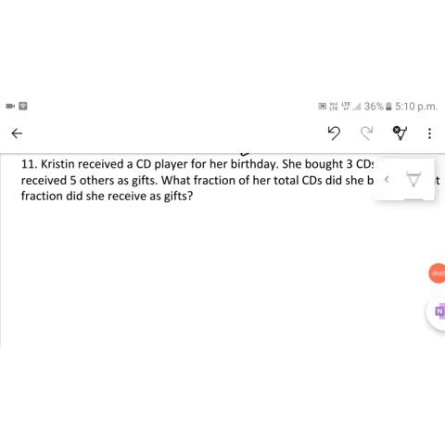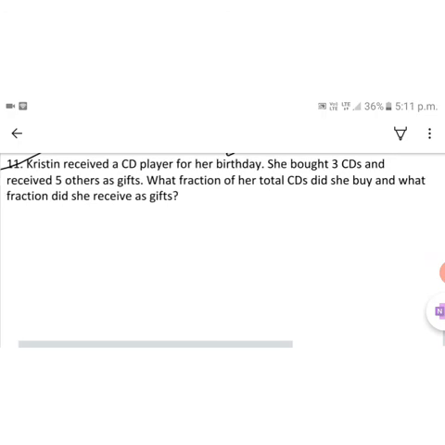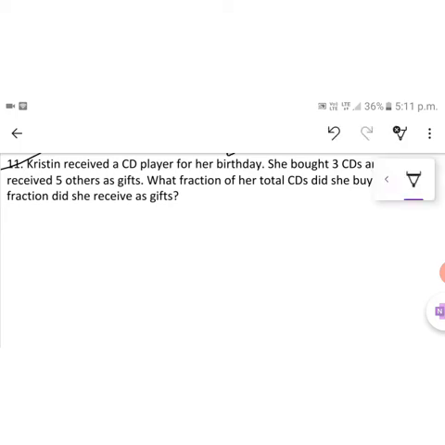Question number 11. Christine received a CD player for her birthday. She bought 3 CDs and received 5 others as gifts. What fraction of her total CDs did she buy and what fraction did she receive as gifts? CDs bought equal to 3.